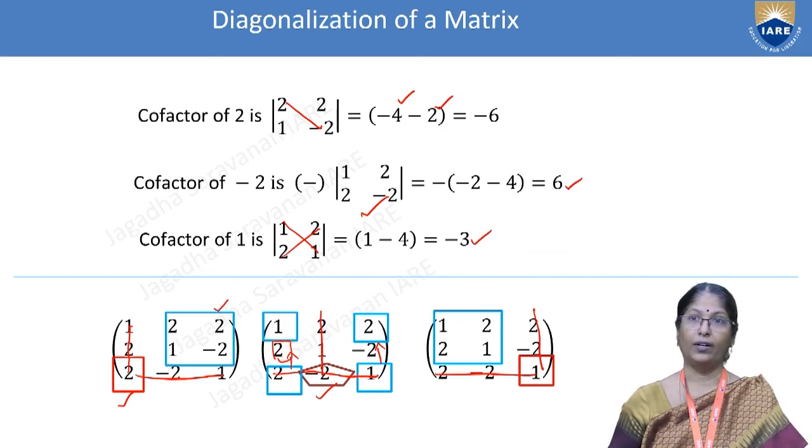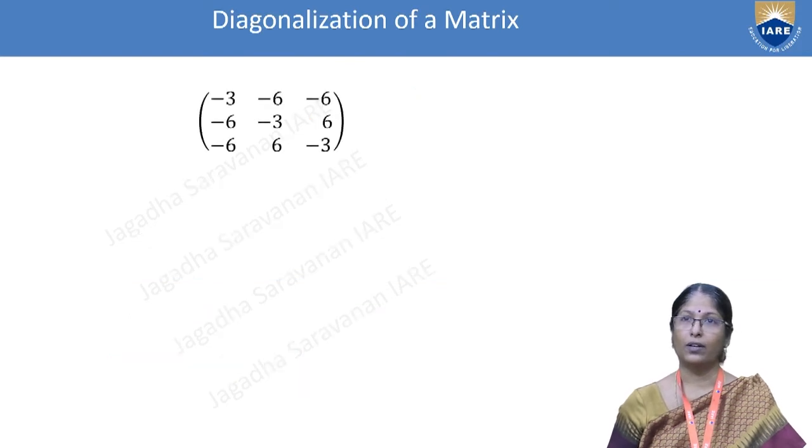So all the 9 cofactors we got. This is the cofactor matrix, which we framed with the help of the cofactors.